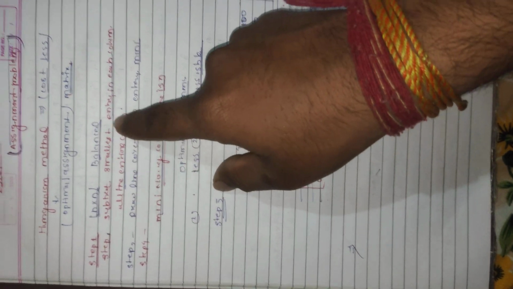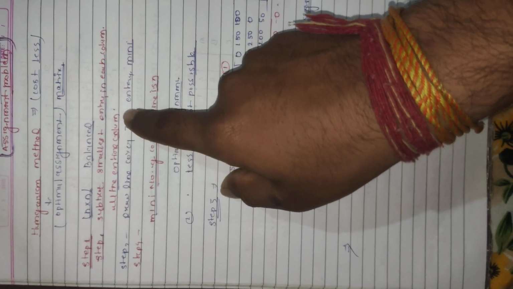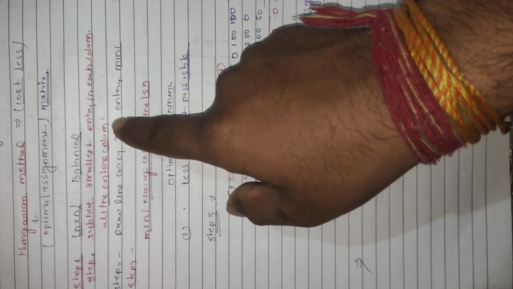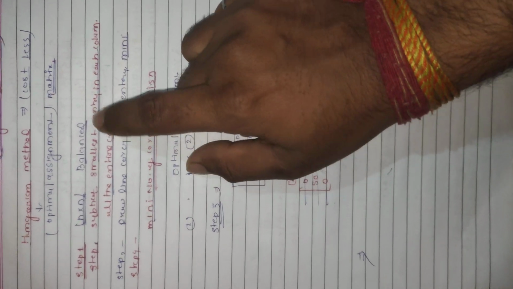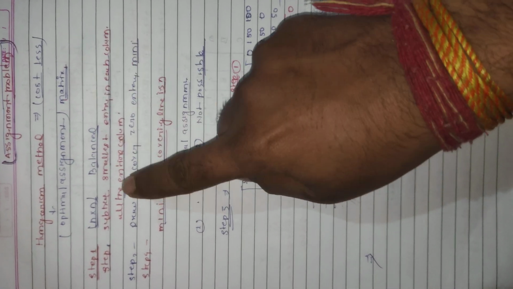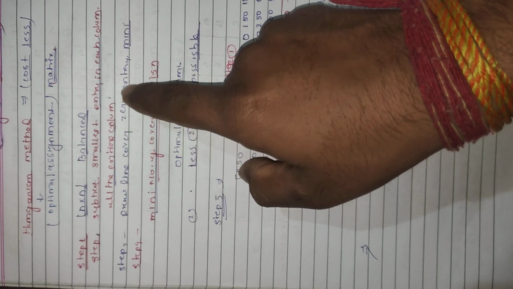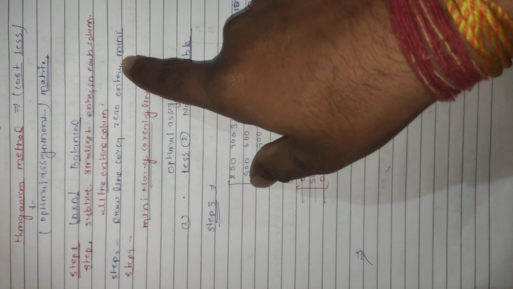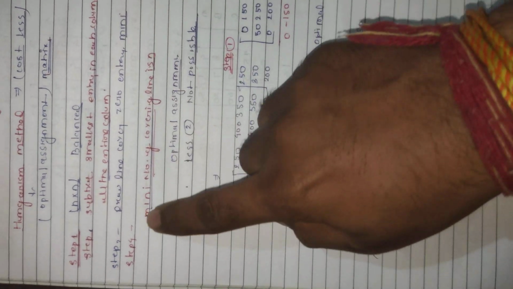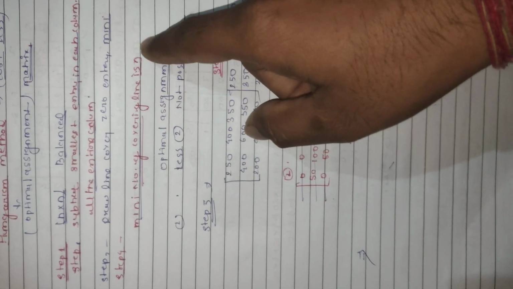Second, subtract the smallest entry in each row, and then subtract the smallest entry in each column. Third, draw lines to cover all the zero entries with the minimum number of lines. Fourth, the minimum number of covering lines must be n.